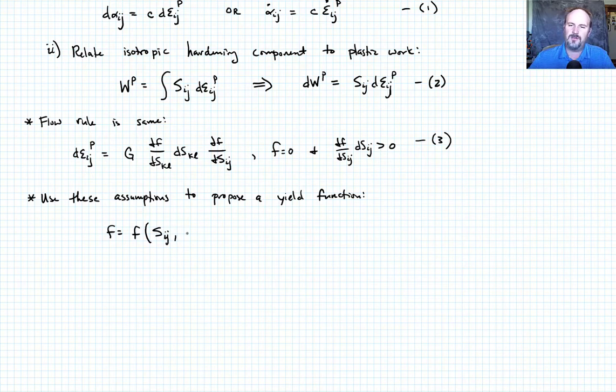We know that it's also a function of epsilon ij plastic, right? How do I know that? This is through the Melan-Prager rule that I just showed you up here in equation 1. The back stress is going to be related to that. And then the isotropic component is going to be related to this plastic work term, okay? So epsilon ij plastic and the plastic work, for this case, are our internal state variables, right?